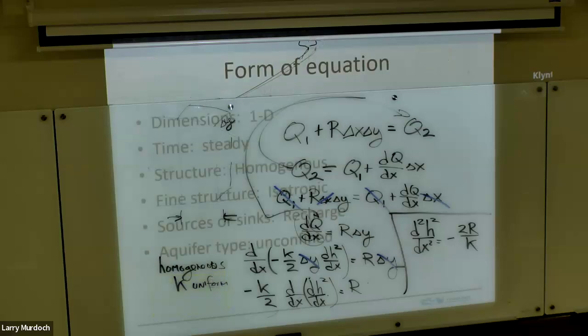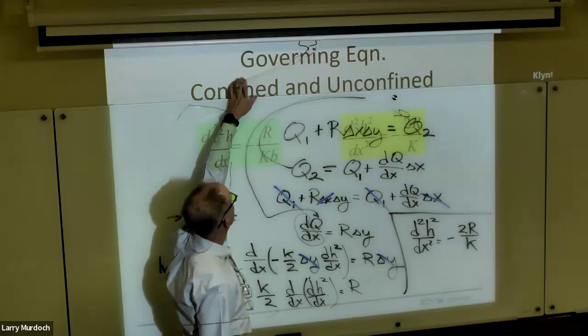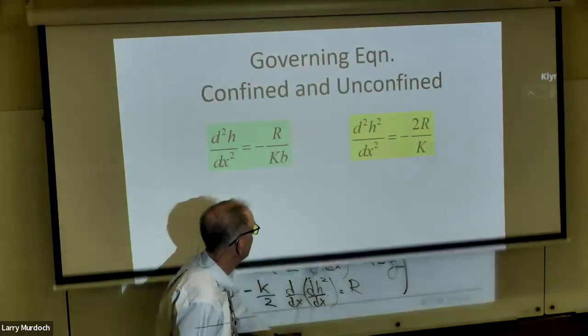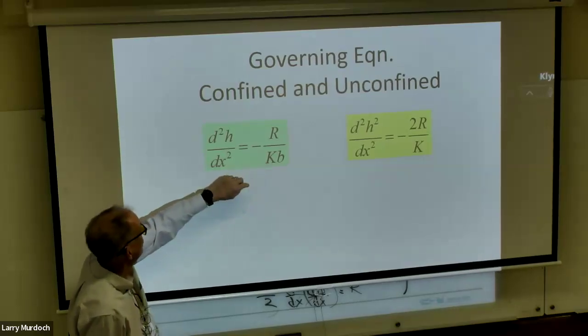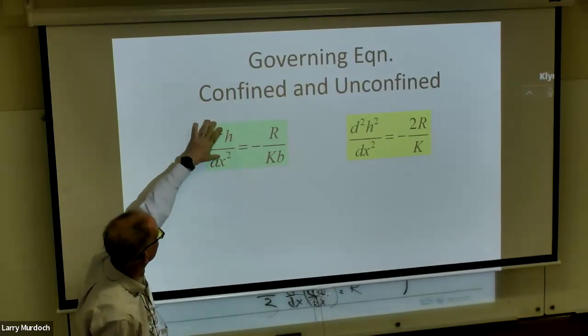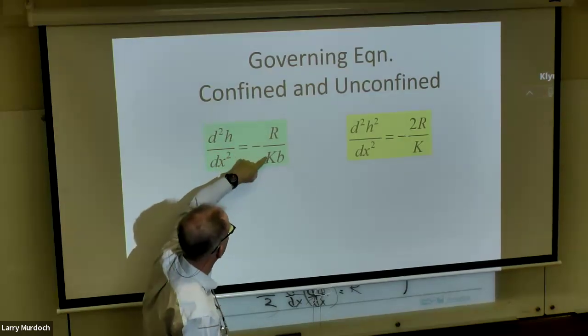So there it is. There are all the cases. And here I wanted to do a compare and contrast. So that's what we had last time. We still have a second derivative proportional to r over k.